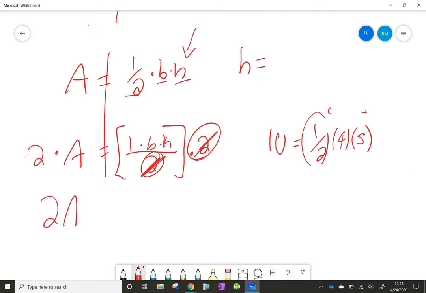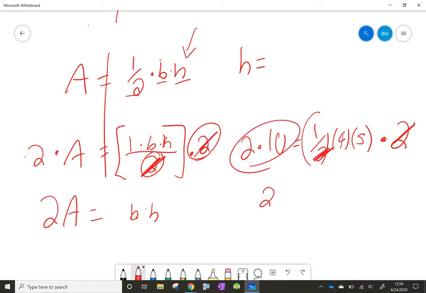So I'll have 2a, and what that leaves me on the right side would be the 1 times b times h. Now, since 1 times anything is itself, I won't really need that 1 there, right? To give you to kind of view it in the numbers perspective, if I said I multiplied this whole thing by 2, right, and I'm canceling out 2, what I'm saying is that, by multiplying 2 on the other side as well, I'm saying 20 is equal to 1 times 4 times 5, right?